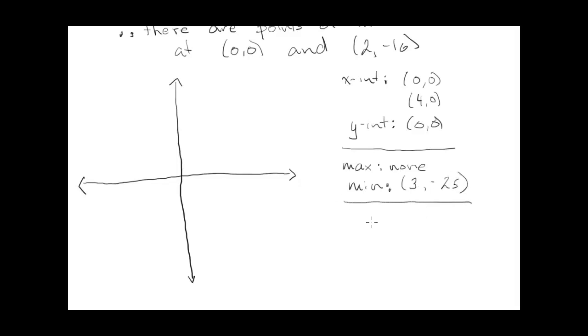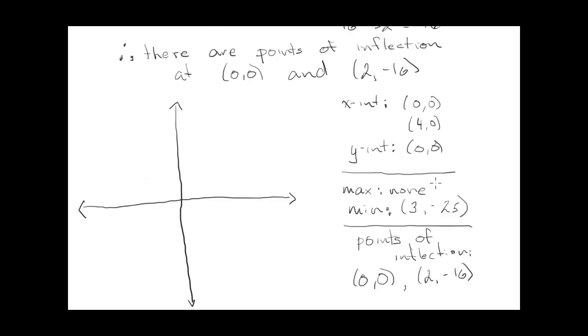And then you have your points of inflection, which we had 2. One was (0, 0) again, and then the other one was (2, -16).